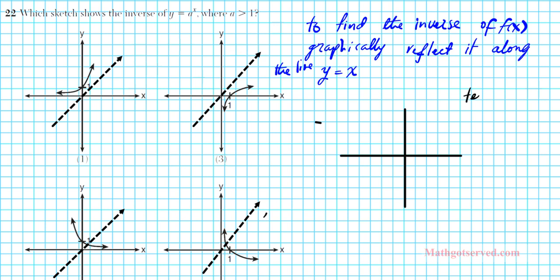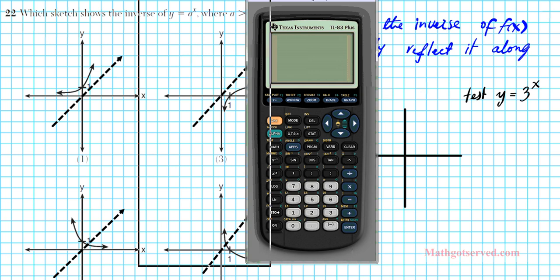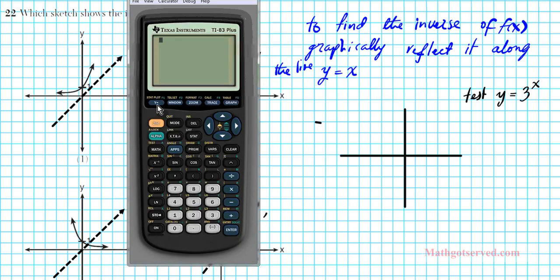So let's test y equals, how about we pick 3 to the x, okay? So we're going to graph this using our graphing calculators. All right, I have mine here, so let's see. Let's graph 3 raised to the x power and see what it looks like, okay? So press enter and then graph.